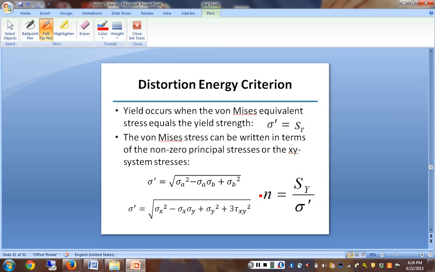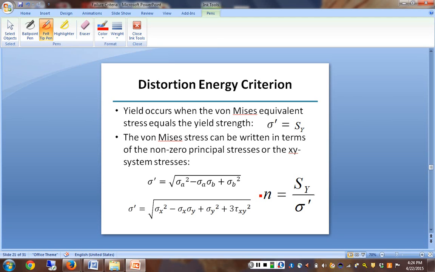It's just the plain old arbitrary stress state that you end up with, before you've transformed it, just at the end of your resultant stress problem. You end up with a sigma x, a sigma y, and a tau.